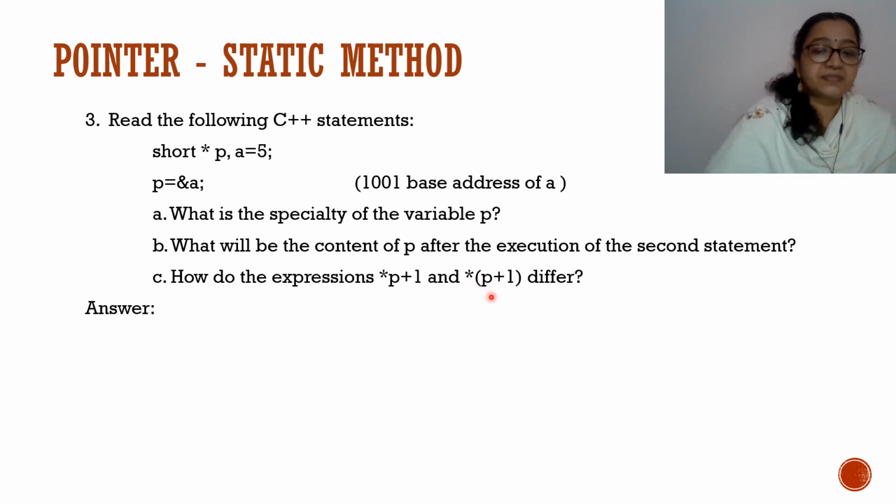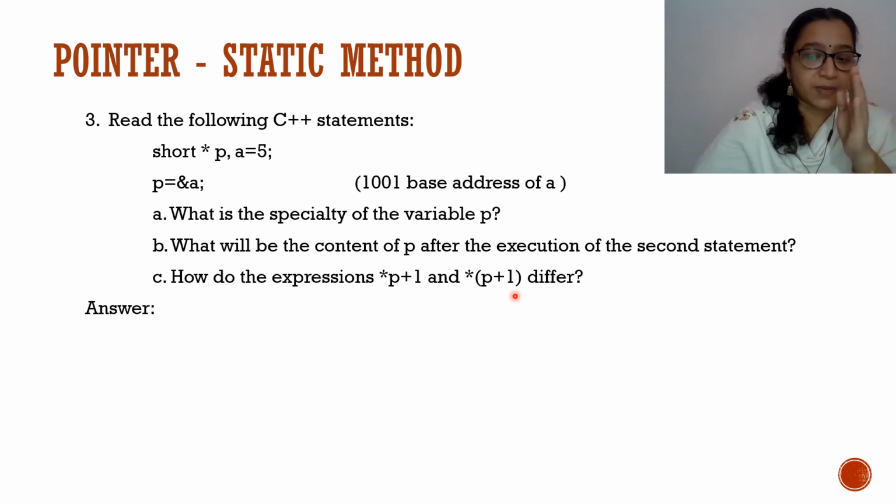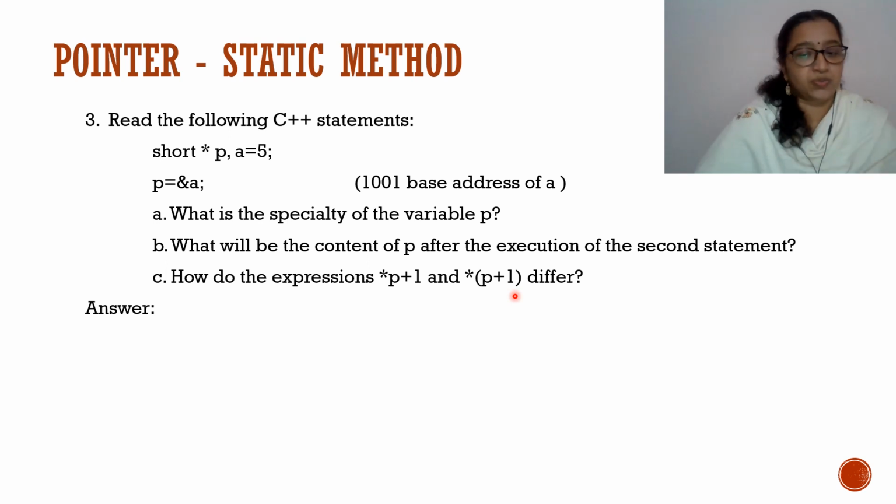So here star is outside the bracket, so we do the bracket first. P plus 1. What is the content of P? 1001. 1001 plus 1. Normally we can say P plus 1 is 1002.